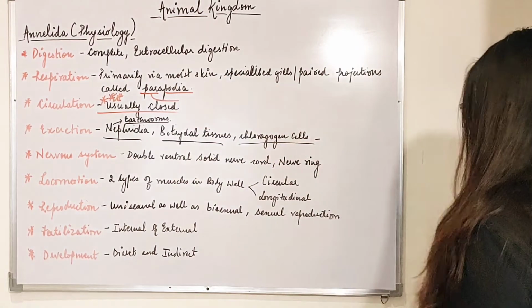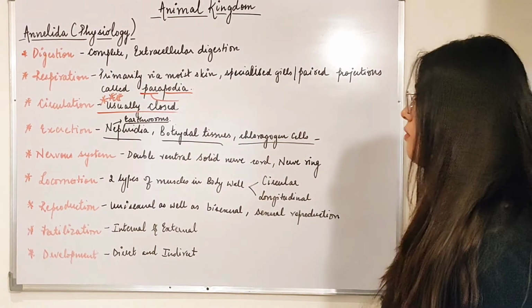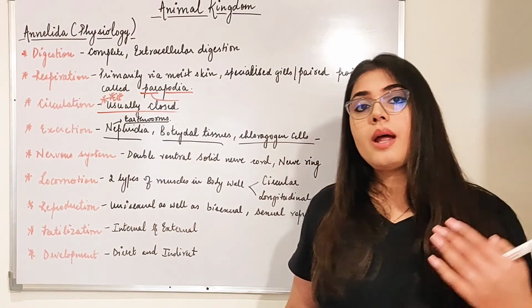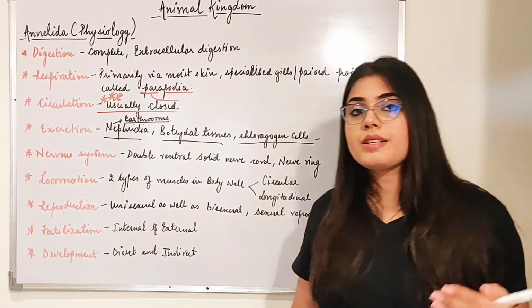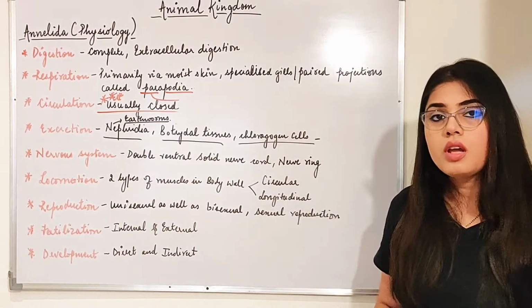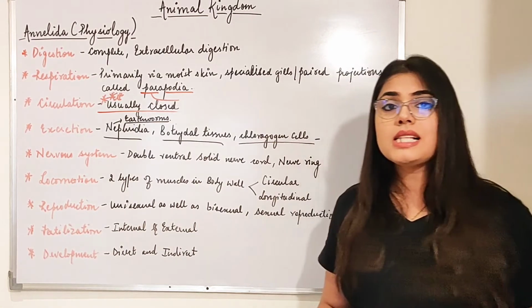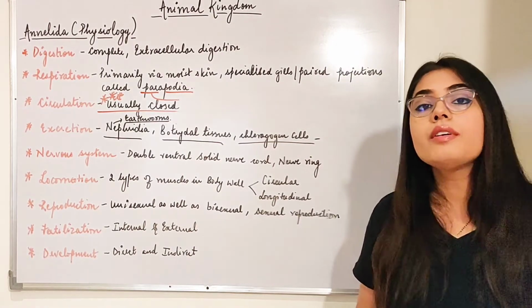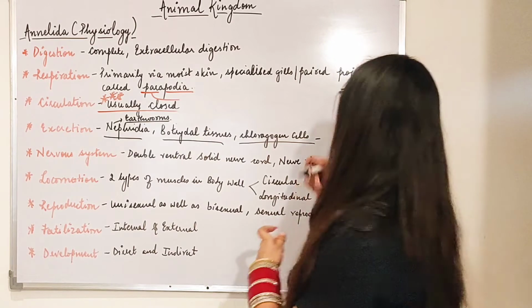Okay, let's move on. Now locomotion. Locomotion means movement, right? So there are two types of muscles present that help them in locomotion: the circular muscles and the longitudinal muscles. But along with these muscles, there is a coelomic fluid.